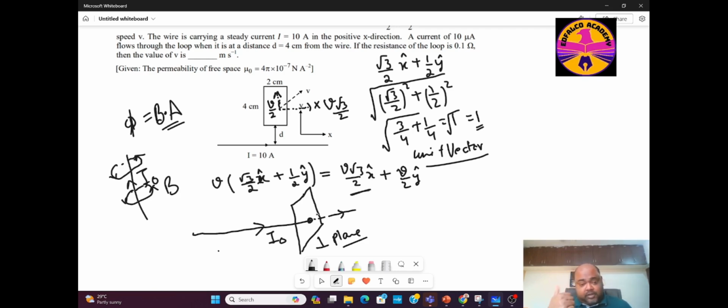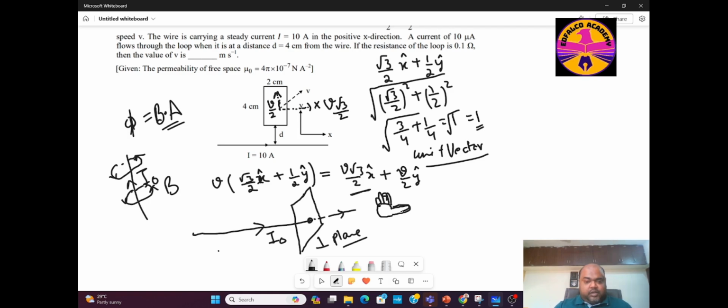You make your thumb point in the direction of the current, whichever be the direction. I'm just drawing a very rough figure: if you point your thumb in this direction, this is your palm, and these are your fingers. Forgive my bad drawing, but I think you will understand.